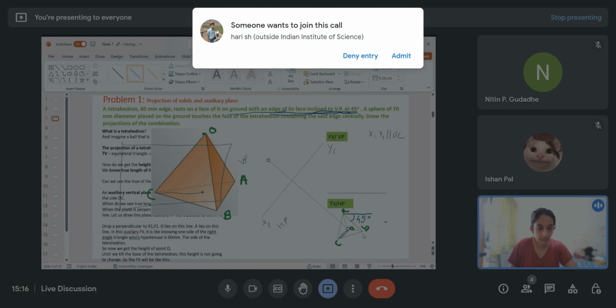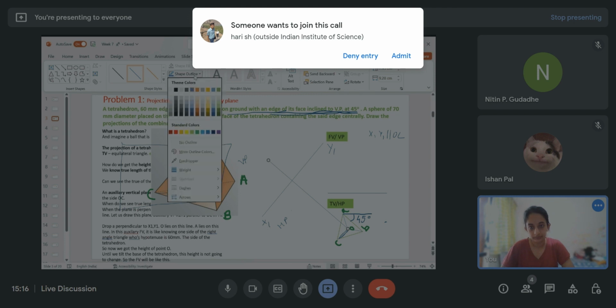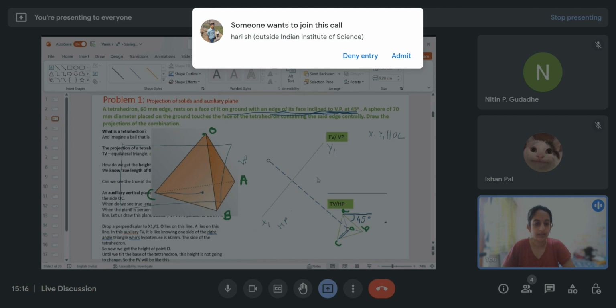This particular drawing is still in the horizontal plane. I have just made a plane that is parallel to OC. So I'll drop a perpendicular from O to x1 y1, and we'll show it by a dashed line.